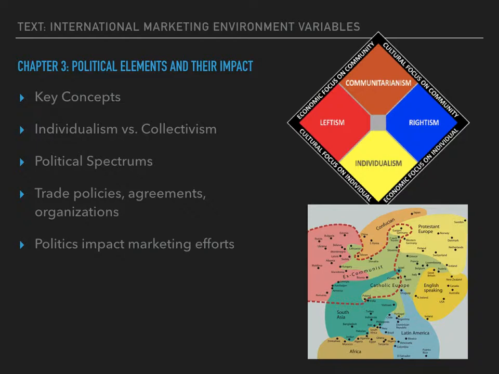A mental model or tool that can help you understand how these systems may impact your marketing campaign would be to research the country you are focusing on and where they would fall on a political spectrum. There are many different political spectrum models, and be careful because some sources that are written for very specific purposes have an enormous amount of bias based off of whatever organization was creating that model.